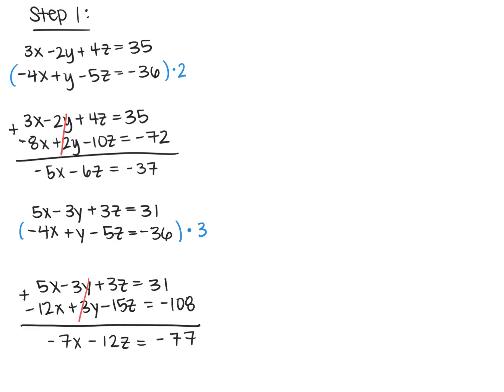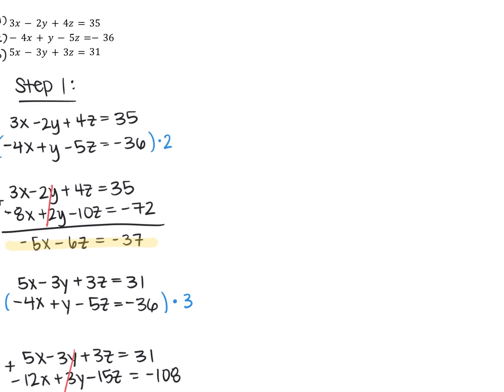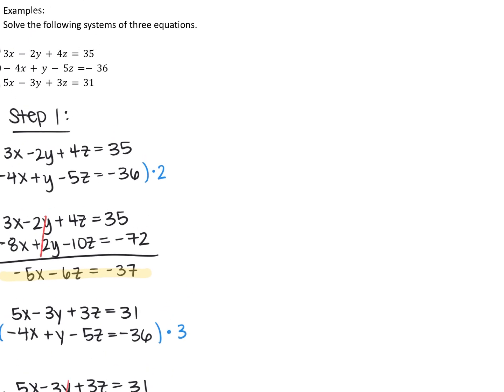All of this work is part of step 1. We now have two equations: negative 5x minus 6z equals negative 37, and negative 7x minus 12z equals negative 77. When you eliminate a variable, you want to make sure that the two equations you have have the exact same variables in them. So we have two equations with x and z only. This is the system that we're now going to solve in step 2.